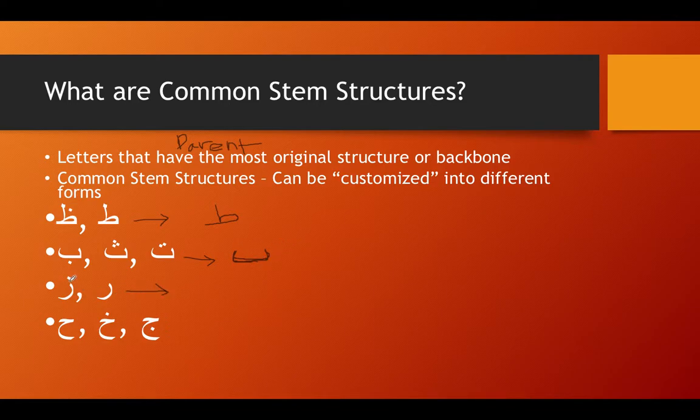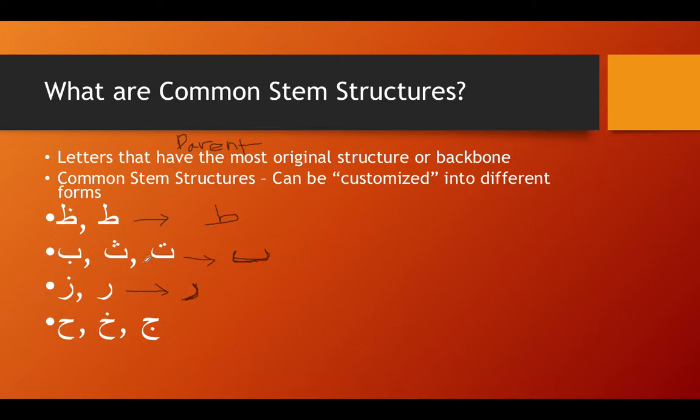What about letter zain and letter ra, right? They have this common stem structure here, and the only thing that distinguishes them from each other is that zain has a dot to make it different from letter ra. Same thing for the letters ba, tha, and ta. These letters have different positioning of the dots so that they have different sounds.